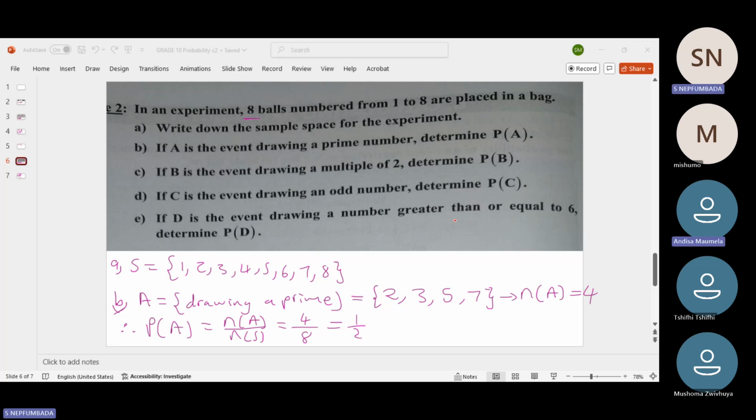The prime number is the number that can be divided by 1 and itself only. That's the prime number. Yes. Are we still together?